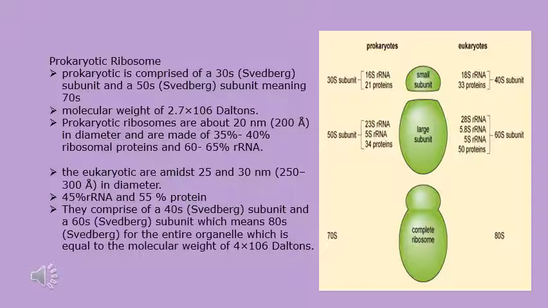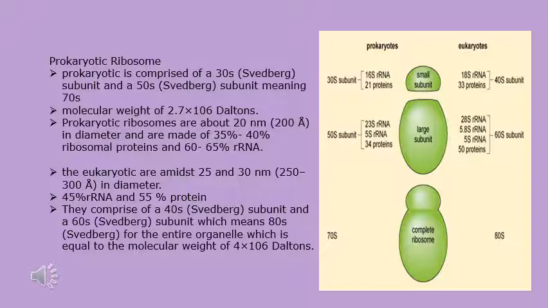Why are these three separate? Because of their number of nucleotides. If we are talking about protein, the smaller unit has 21 proteins and the larger subunit has 34 proteins in prokaryotes.